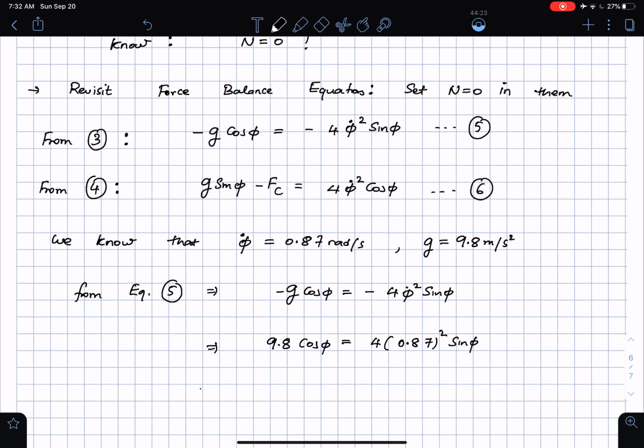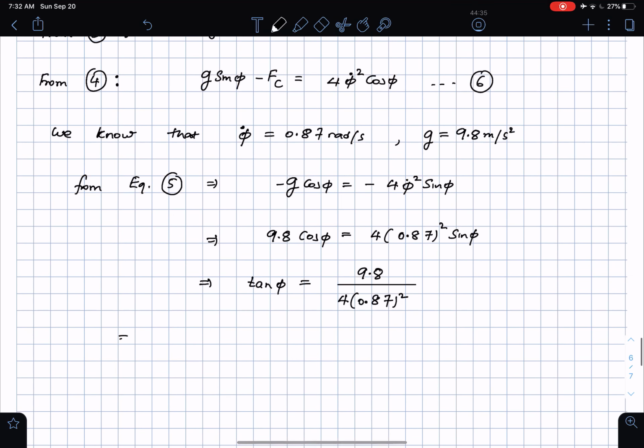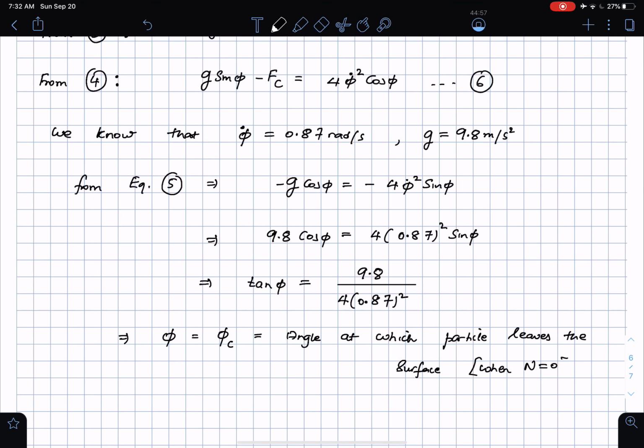Sine phi by cos phi is tan phi, so tan phi is going to be 9.8 divided by 4 times 0.87 square. Phi at loss of contact, which I'm going to call phi suffix c, is the angle at which the particle leaves the surface when n is equal to 0.